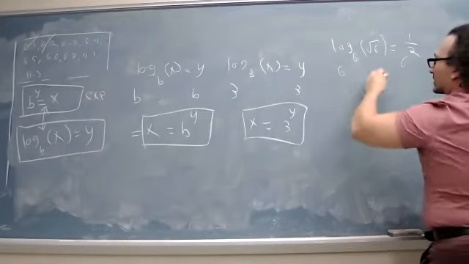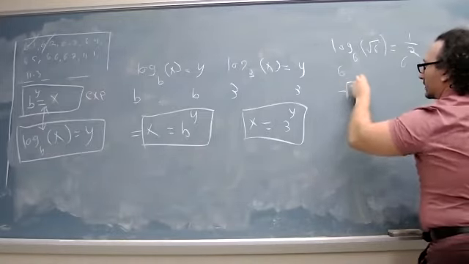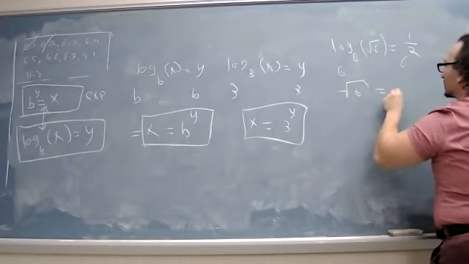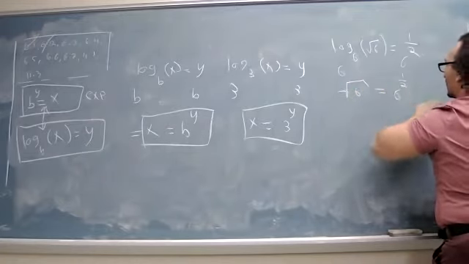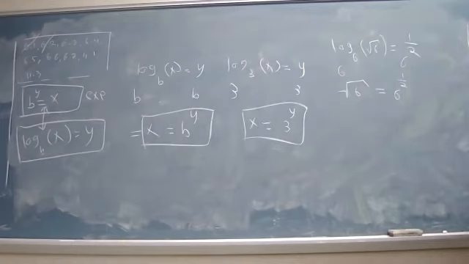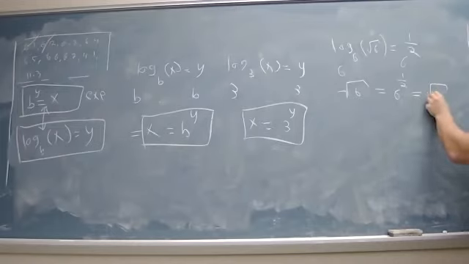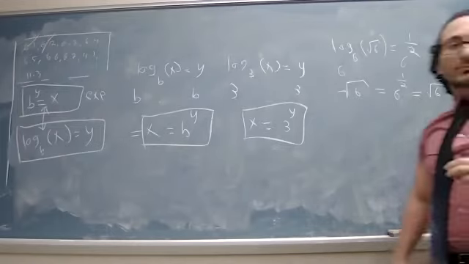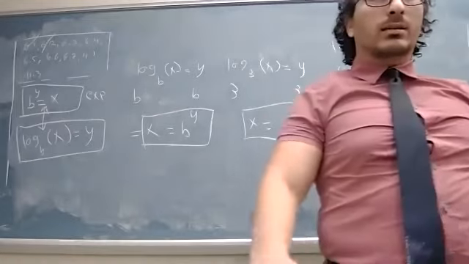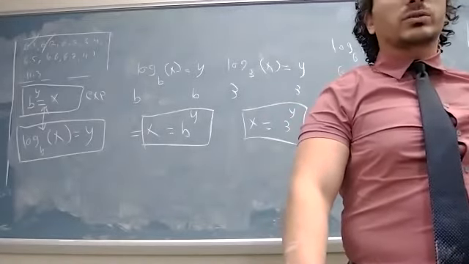Because they have like bases, everything disintegrates except what's inside the parentheses. So then you get 6 raised to the 1/2 power is equal to the square root of 6. Aha, that's true. 6 raised to the 1/2 power is equal to the square root of 6. That's how you can show that that's true.